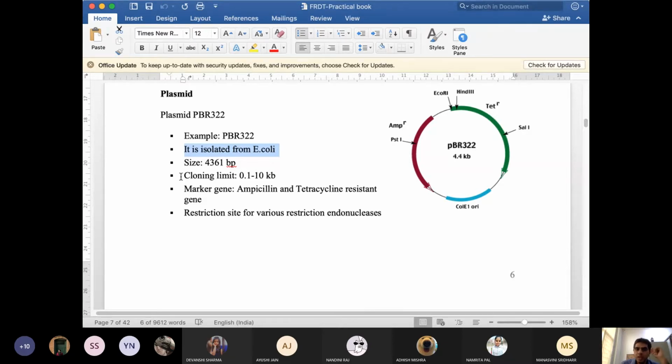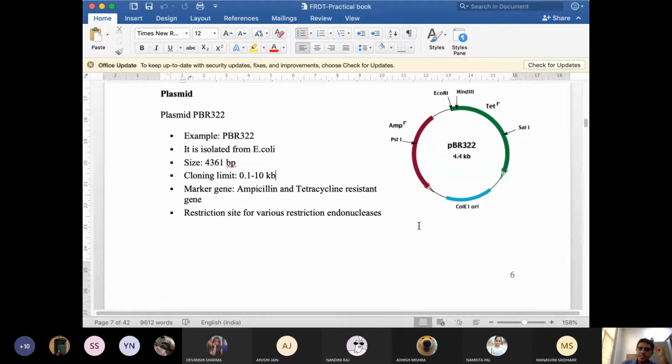The cloning limit is 0.1 to 10 kilobase pair. At the maximum, you can go with 10 kilobase pair, because after adding 10, the size becomes 14,361, which would further decrease the efficiency of transformation. So we can go at most 10 in this case.